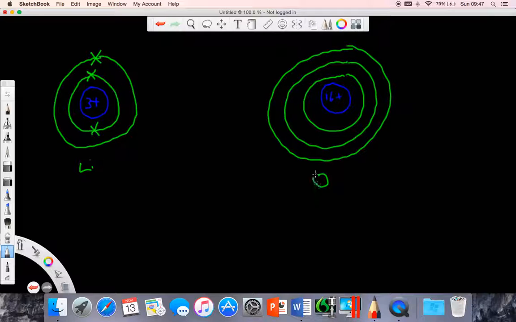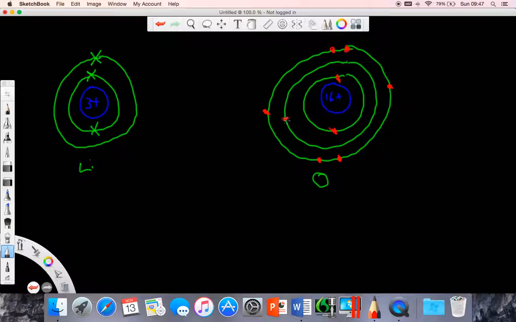Okay, this is oxygen, and it therefore has 6 electrons in its outer shell. 1, 2, 3, 4, 5, 6. Okay, can fill the rest up.